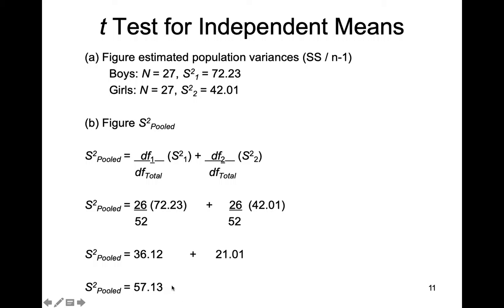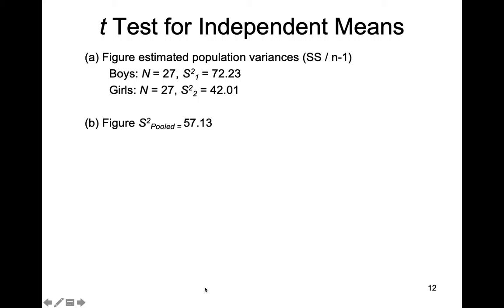And that's our pooled estimate of variance. This is just to illustrate why that weighting procedure works even when sample size is identical. If you just add 72.23 plus 42.01 and then divide by 2, you'll get this exact same answer. So that's our pooled estimate of variance.